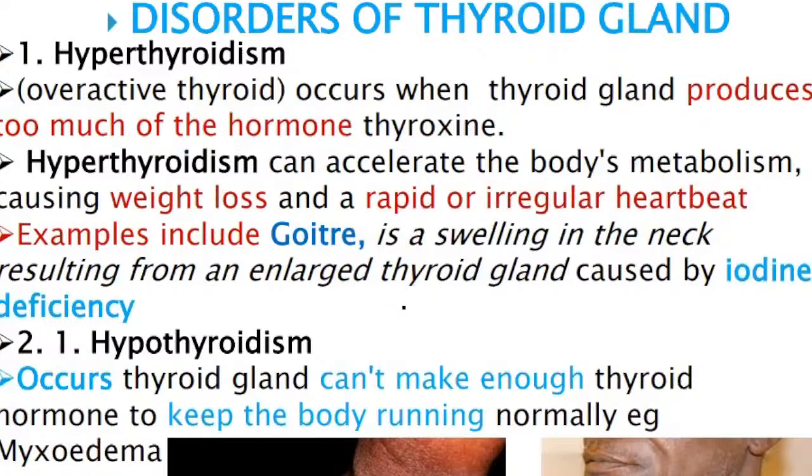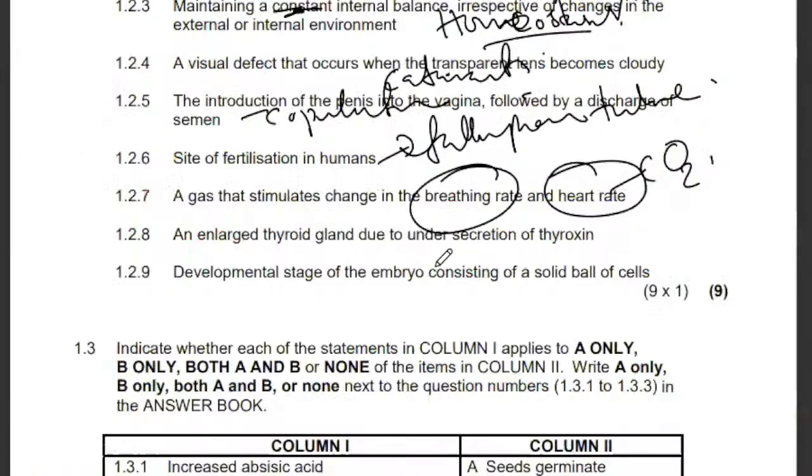And then they're saying due to under secretion of thyroxine. So basically, the condition of under secretion is called hypothyroidism, and if there is too much, we call it hyperthyroidism.